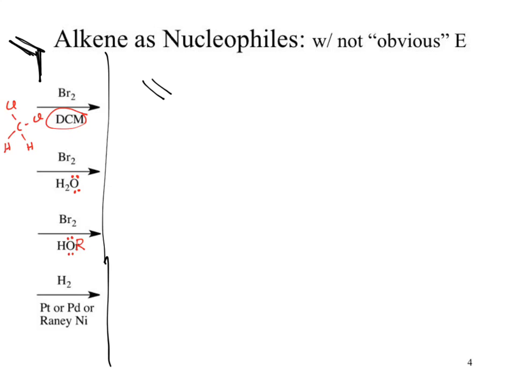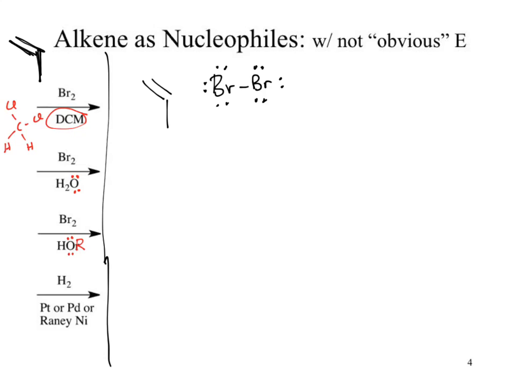If we've got our alkene and we have Br2, draw out the Lewis structure for our bromine. How does our alkene act? It's a source of electrons, which means it is a nucleophile or base. Can it act as a base?